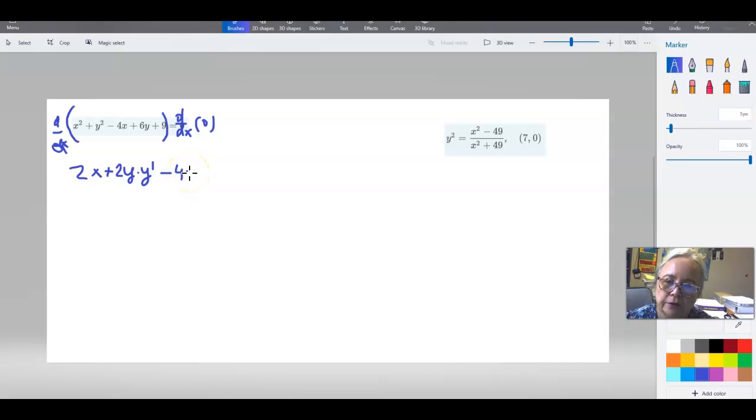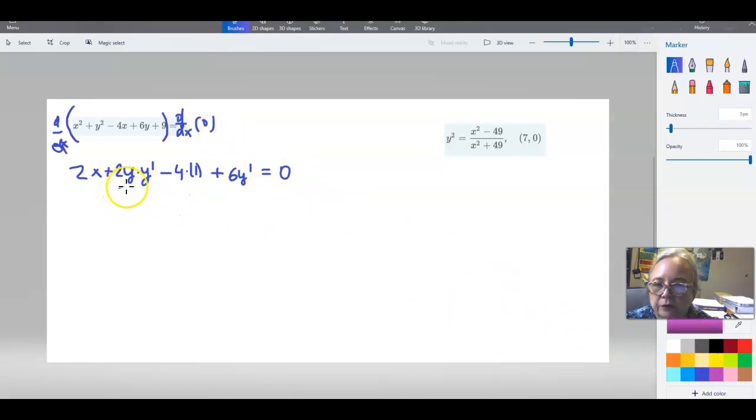Then the derivative of x is 1, so you multiply -4 by 1, or just -4, plus again 6 times the derivative of y, y prime. The derivative of 9 is a constant, 0, and we have 0 on the right hand side as the derivative of 0.